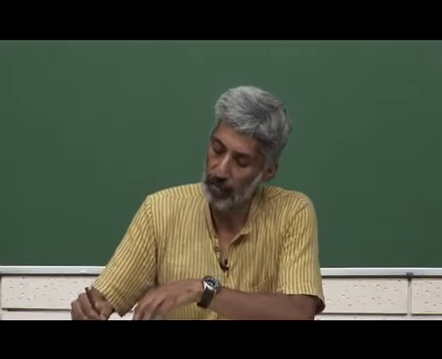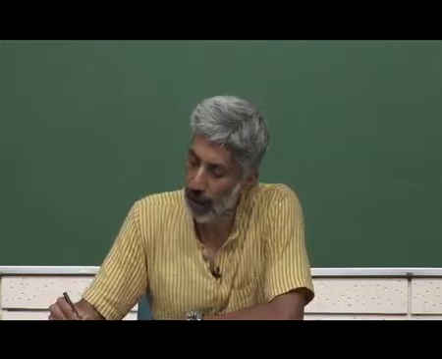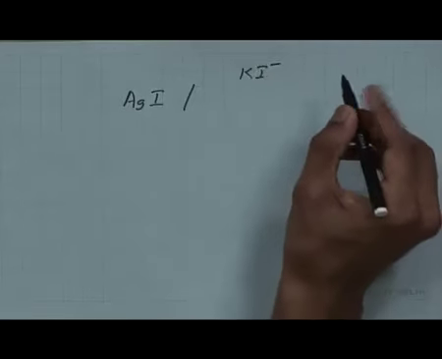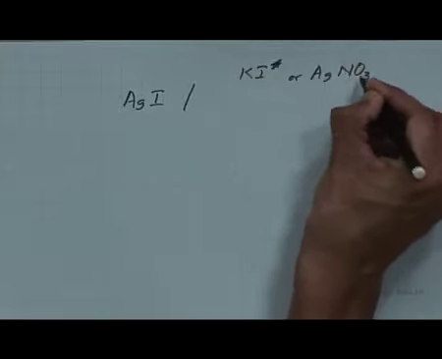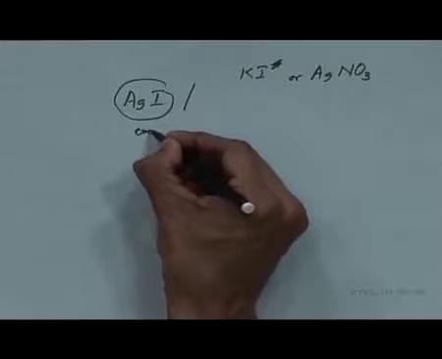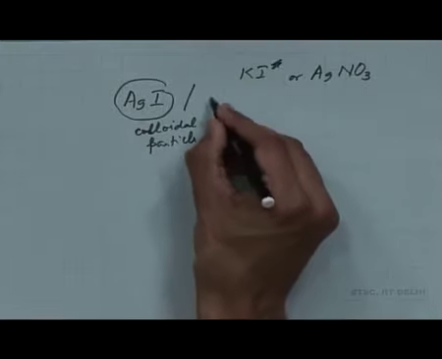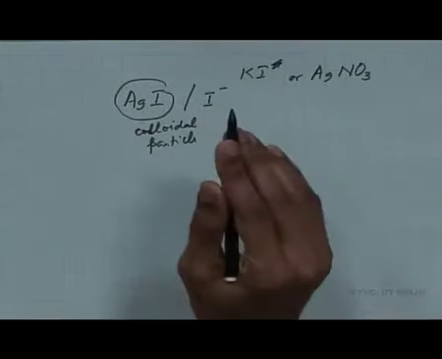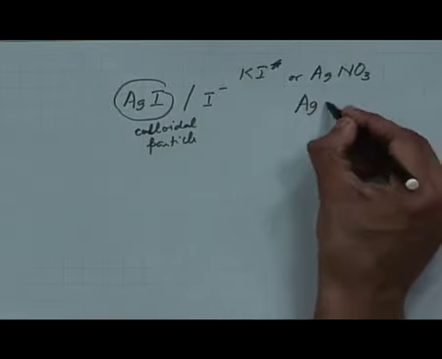But what we have already come across, if you looked at silver iodide for example, when we made silver iodide, we said that depending upon whether you have KI in excess or AgNO3 in excess, you will either have silver iodide colloidal particles with, in one case, I minus attached to the surface of the particle, whereas in the presence of silver nitrate you will have the other situation.